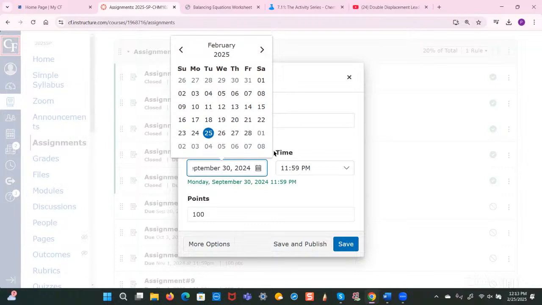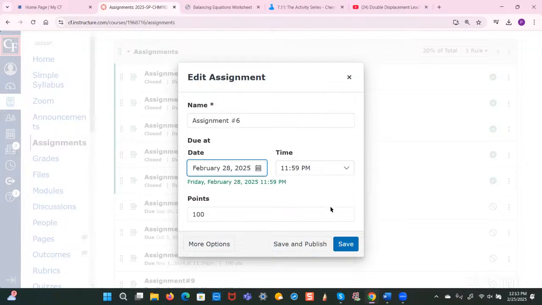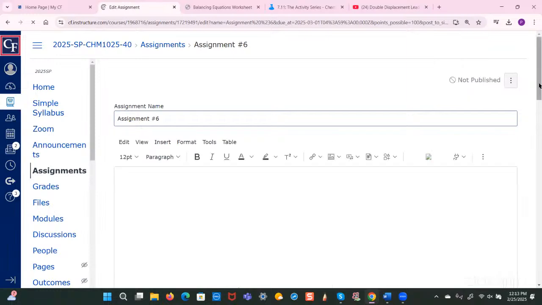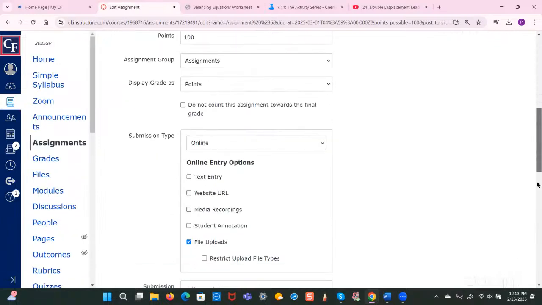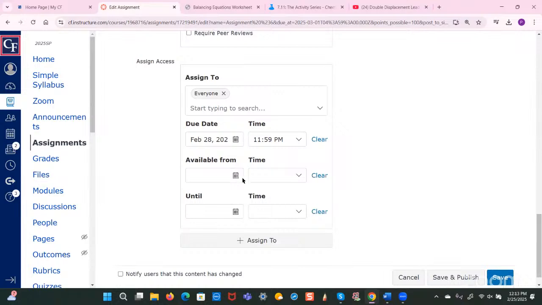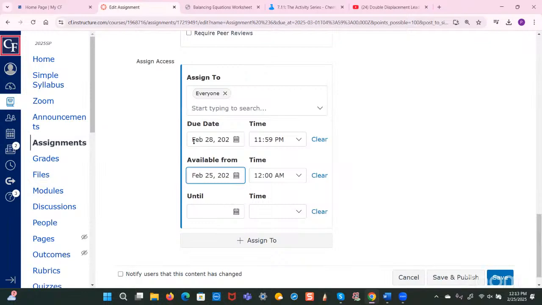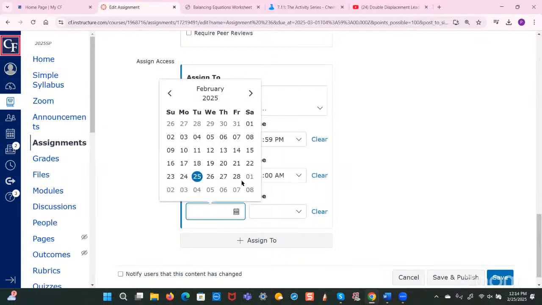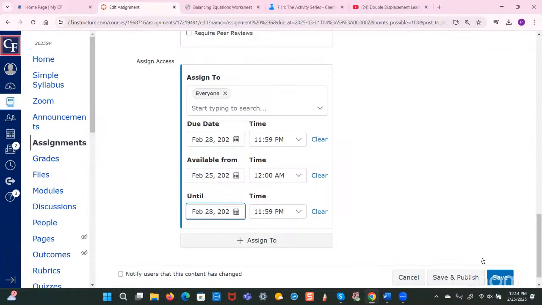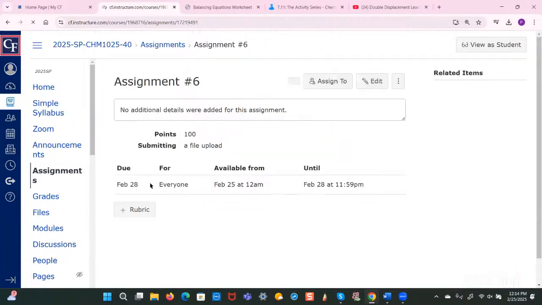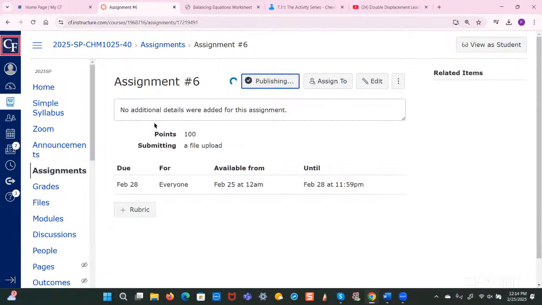I'm going to let it be due by, I would say, by Friday. It's going to be by Friday at midnight, and I'm going to do the same thing for assignment 7.